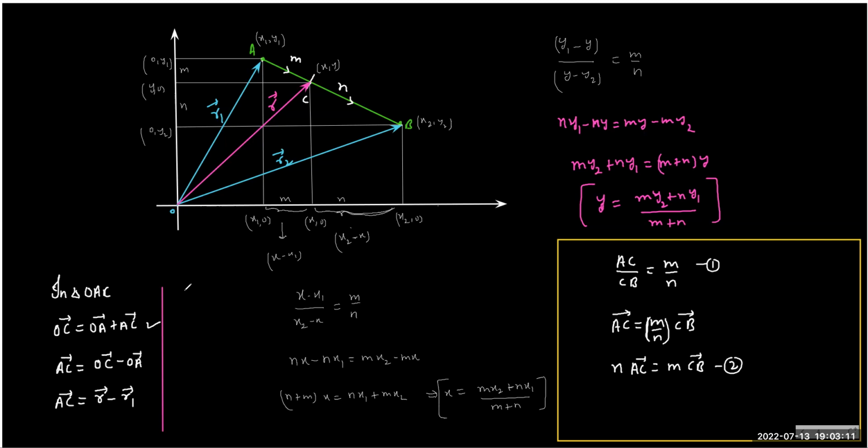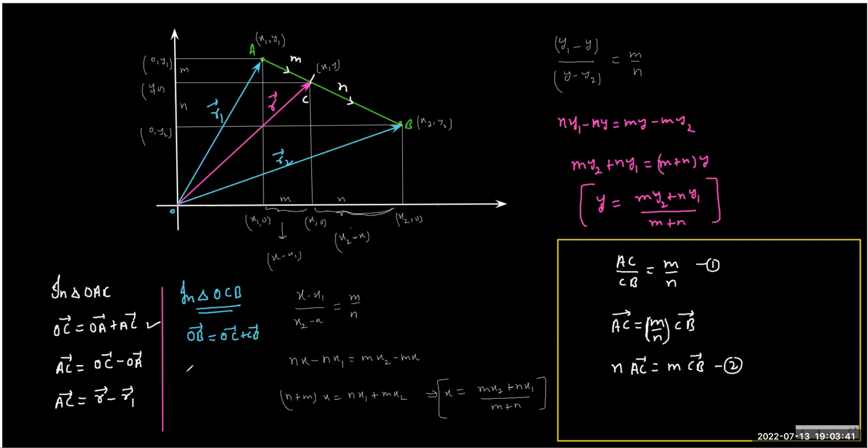Okay. So in triangle OCB, tell me what is the relation? What is the triangle, by the way? So OB is equal to OC plus CB.